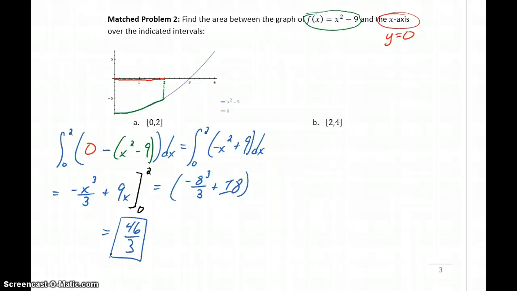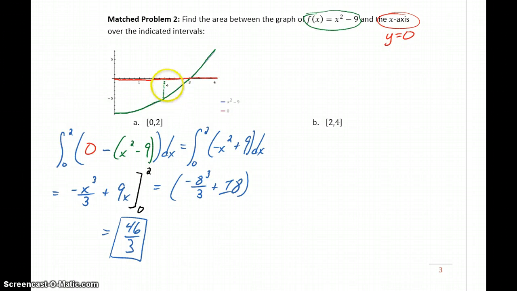So part A was very similar to match problem 1, but now in match problem 2, again, we have something more interesting or a little more complicated happening here. So for the first part of this interval, from 2 to 4, as we consider from 2 to 3, y equals 0 still takes on the larger function value. x squared minus 9 is taking on the smaller function value, but then again from 3 to 4, x squared minus 9 starts taking on the larger function value, and y equals 0 is taking on the smaller function value.